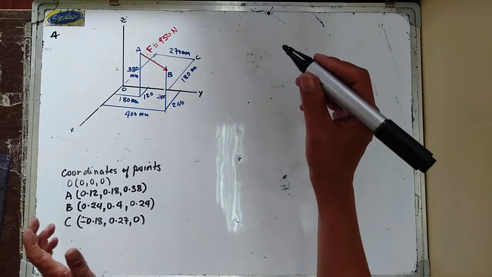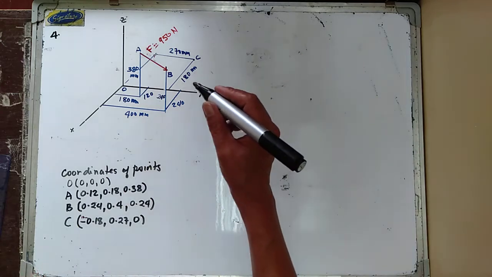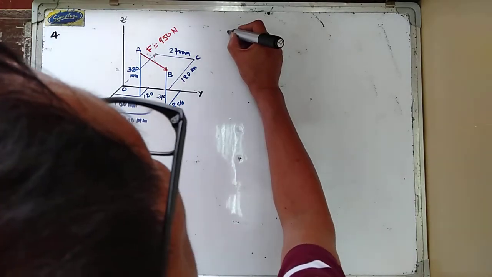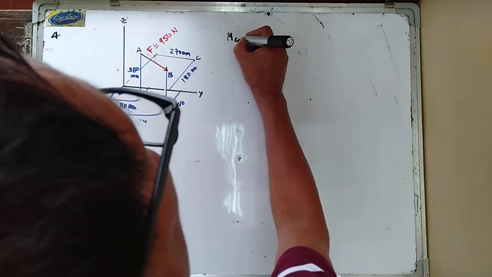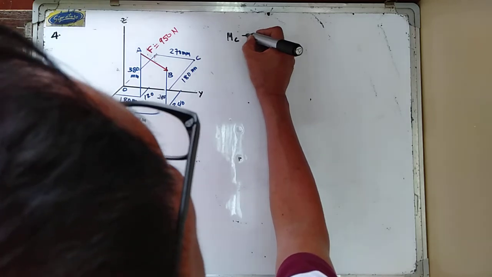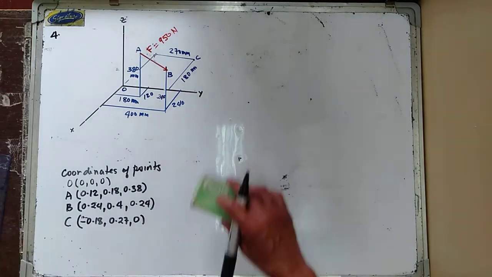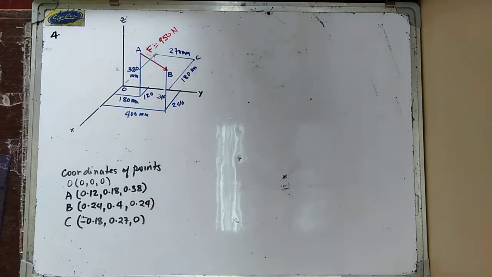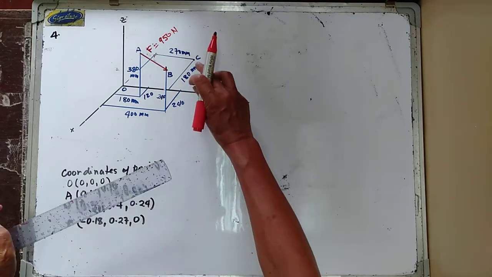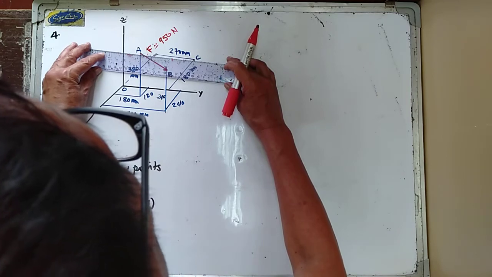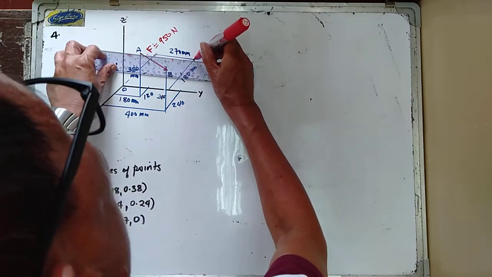Let us now determine the moment of this force about point C. So the moment of this force about point C is, let us try to introduce a position vector originating from the moment center, and our moment center is point C, to any point along its line of action, provided we know the coordinates of that point.